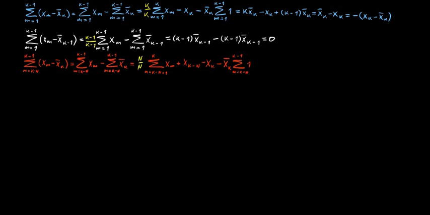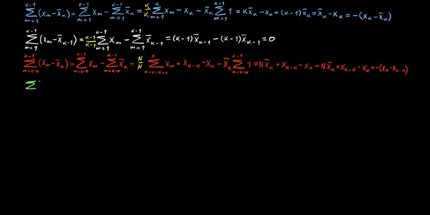Multiplying the first sum by n over n gives us n times the current average plus our oldest measurement minus our current measurement minus n times the current average. This is simply the difference between our oldest measurement and our current measurement, which we will reformulate as minus the difference between our current measurement and our oldest measurement.